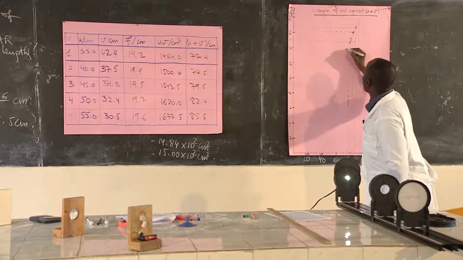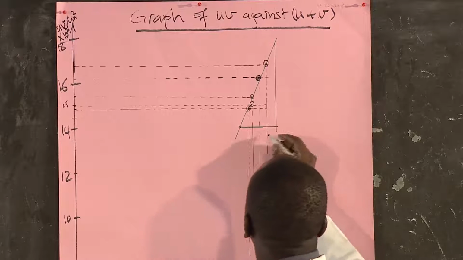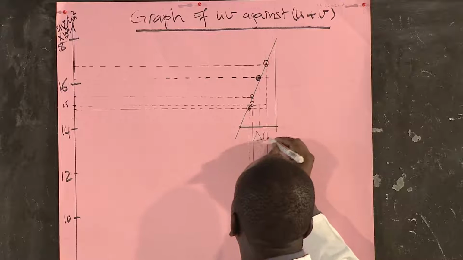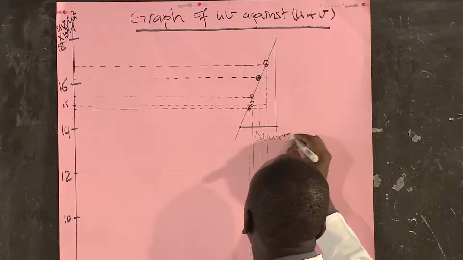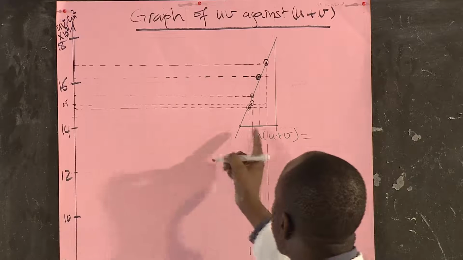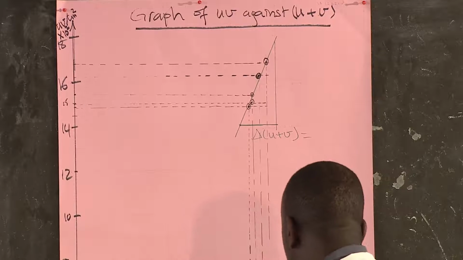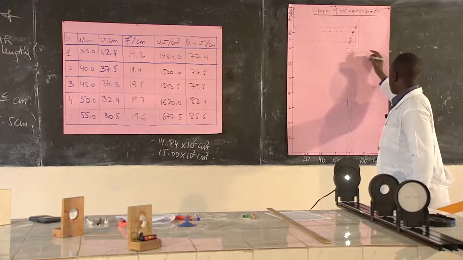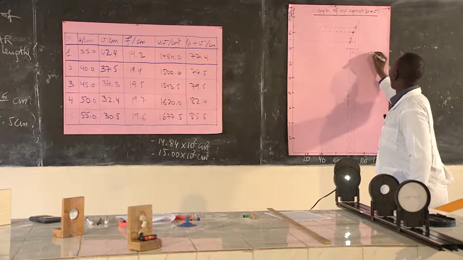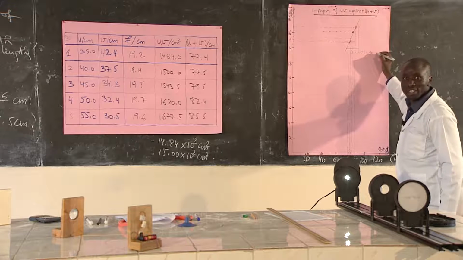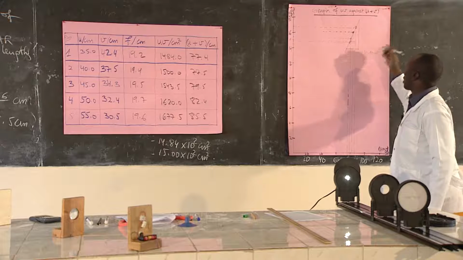This is the slope that I have here. So which means that, let's say that this is a change of u plus v, and this will be equal to, down there we have, here it is going to be 90 minus what? Okay, fine.